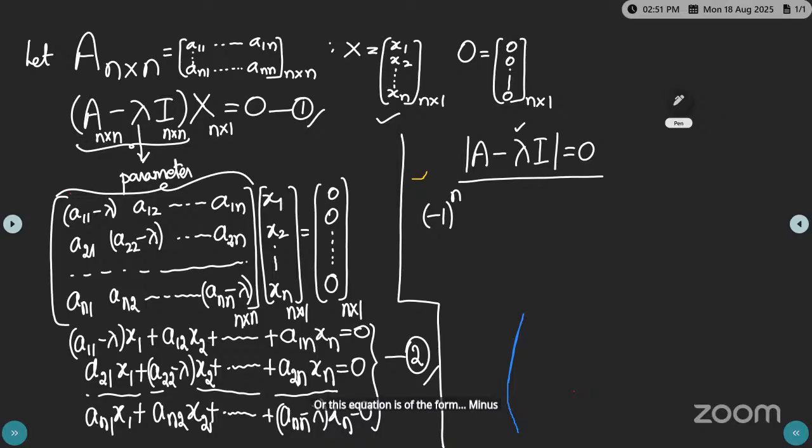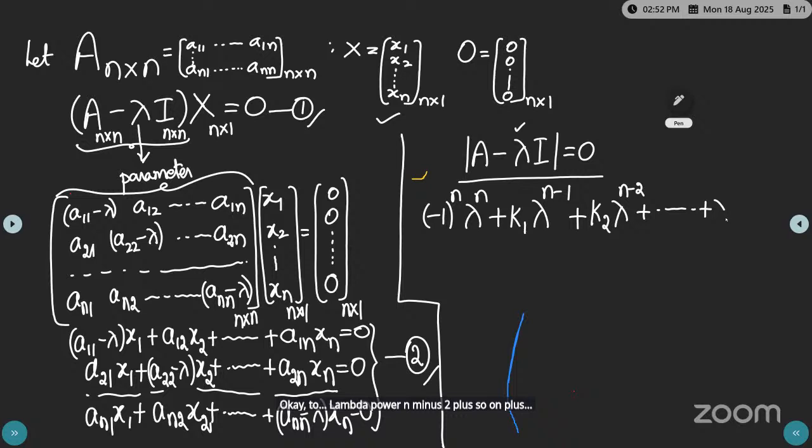minus 1 power n lambda power n plus k1 lambda power n minus 1 plus k2 lambda power n minus 2 plus so on plus k n minus 1 lambda plus kn equal to 0.